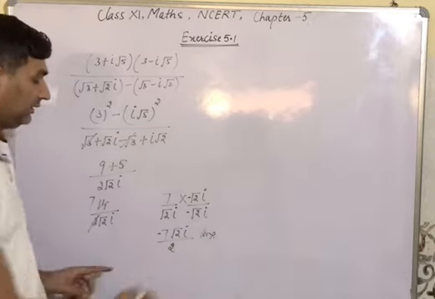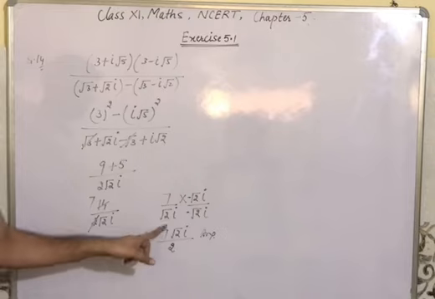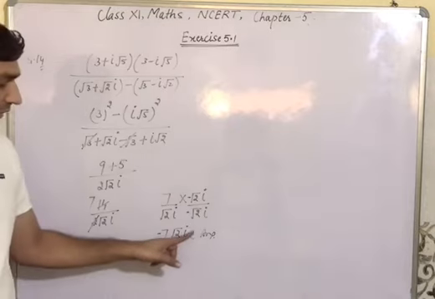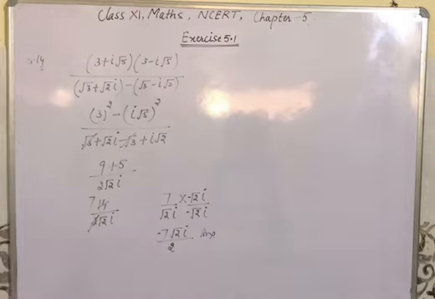We can write it as 0 minus 2 root 2 by 2 i. This is the form of a + ib. Thank you.